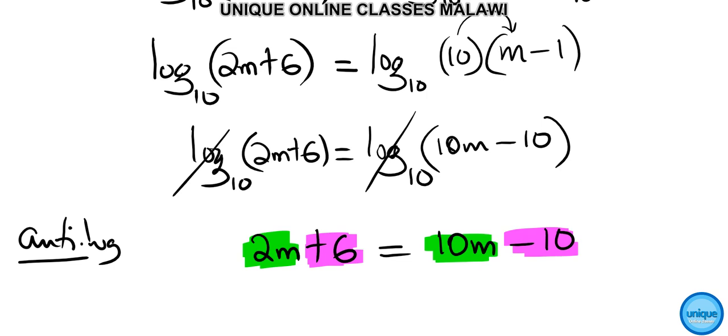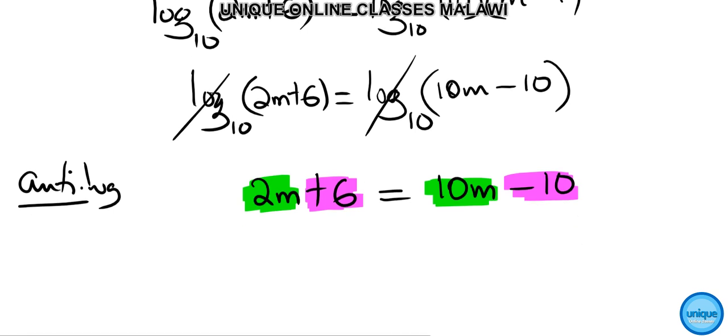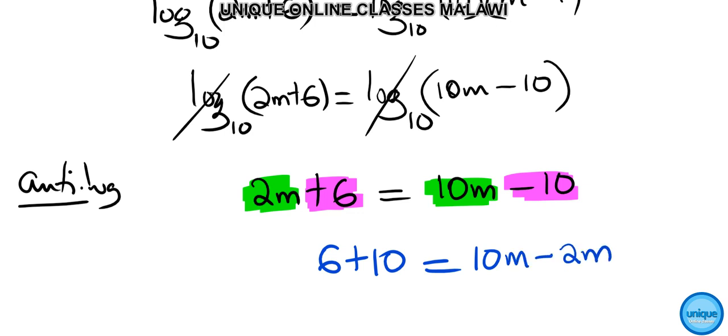Since we are making m the subject of the formula, the m terms go to the side where they are positive. So what we do here is 6 plus 10 is equal to 10m minus 2m.